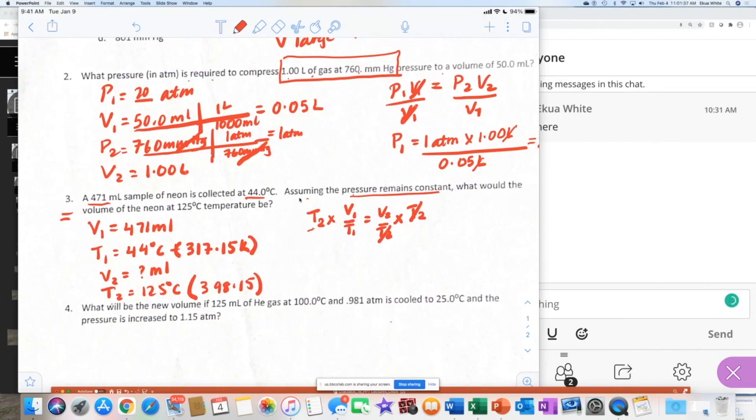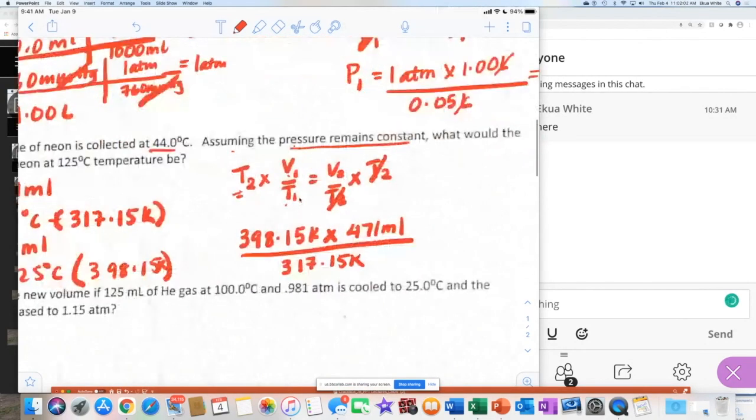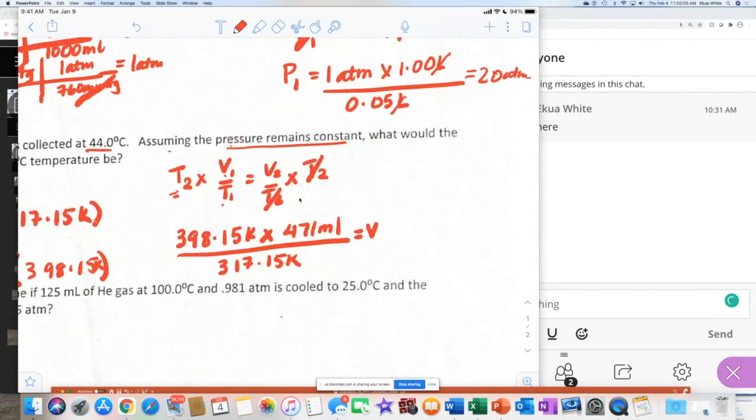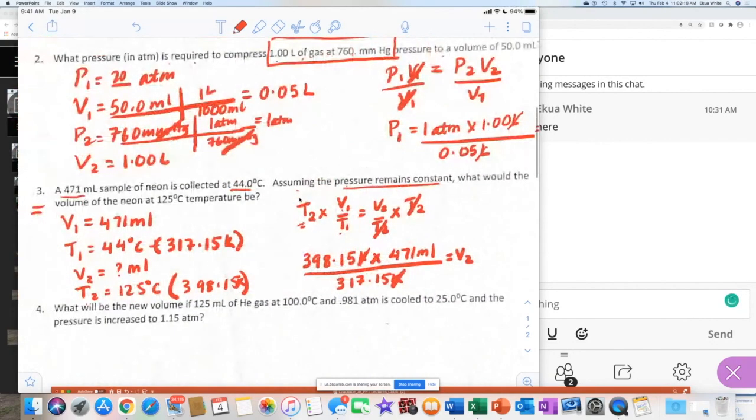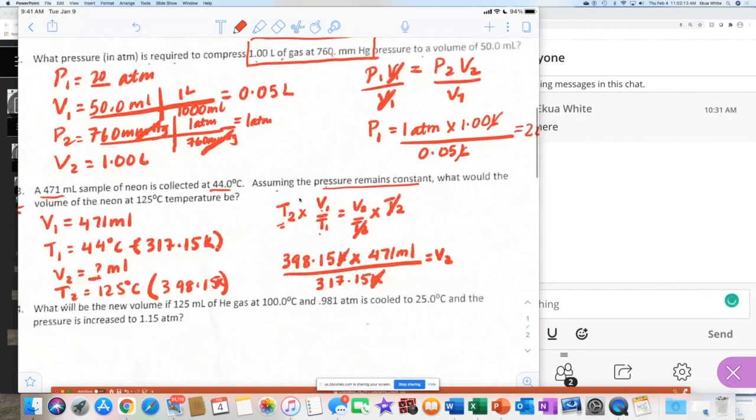T2 is this number here, 398.15 K, I forgot to put the K here, times V1, 471 ml, divided by T1, 317.15 K. There. Okay? And this is equal to V2. The K and the K cancel out, and our answer should be in milliliters. So we're on the right track, right?